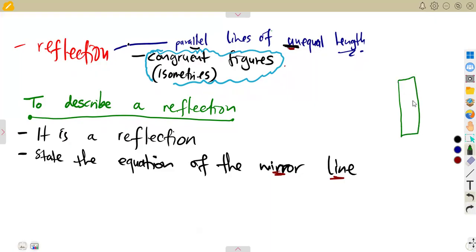If you reflect yourself in the mirror, the closer you are to the mirror, it is the same concept with your image inside of the mirror.